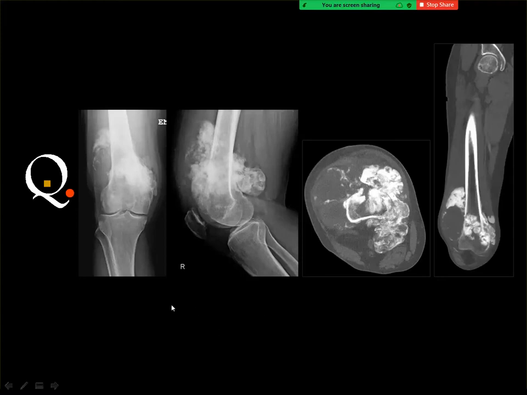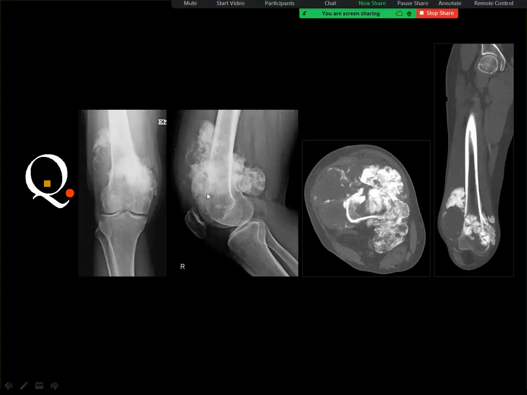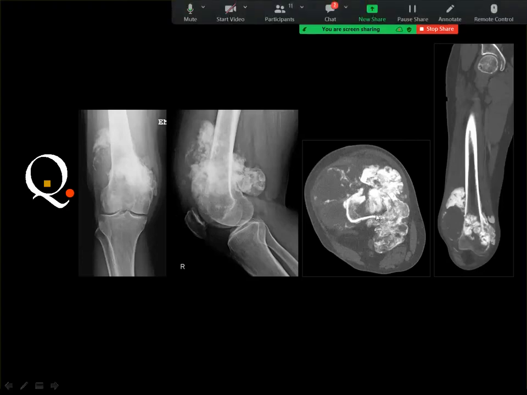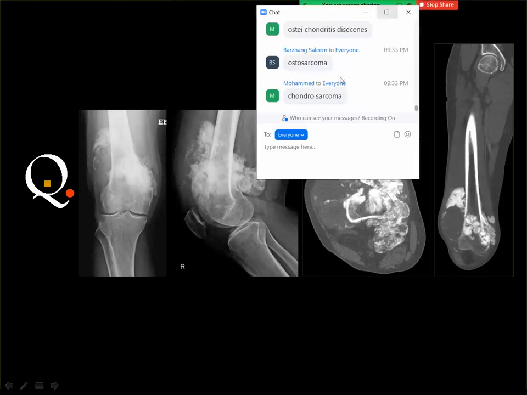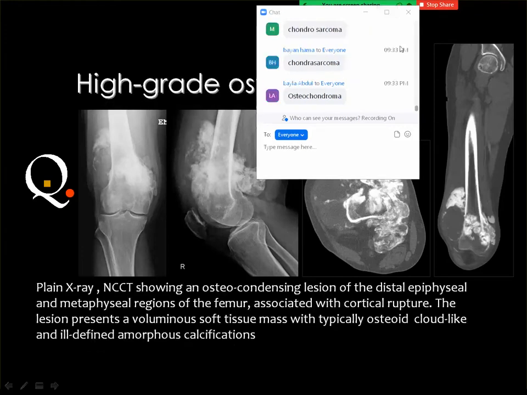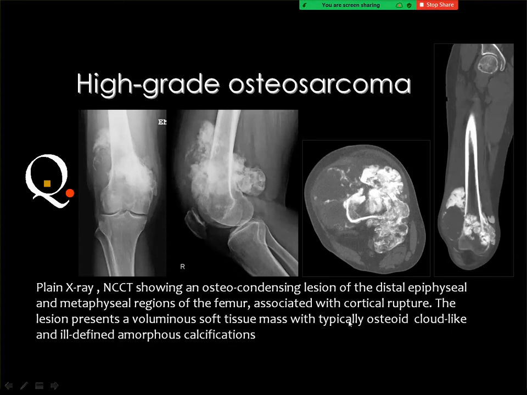Next case, and you got an X-ray of the knee with a big calcified mass, and you see it also in the CT scan. Yes, chondrosarcoma is a good possibility. Osteosarcoma is also a good possibility, and the right answer was high-grade osteosarcoma.